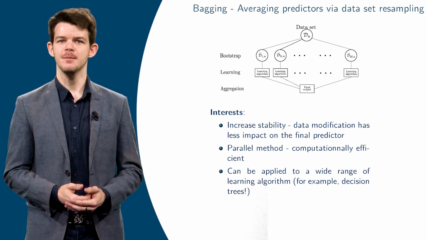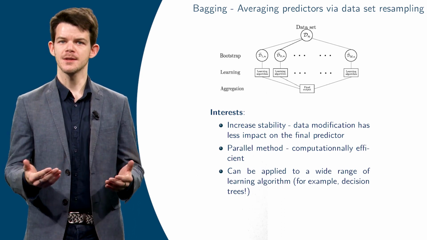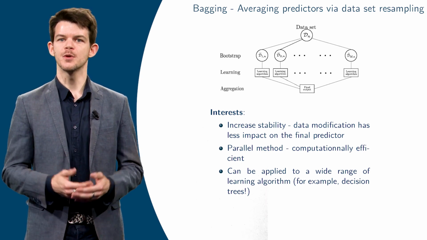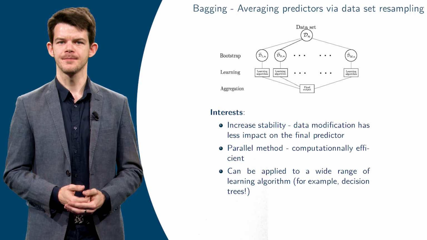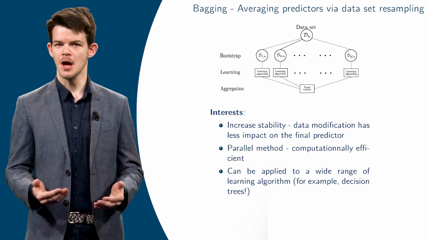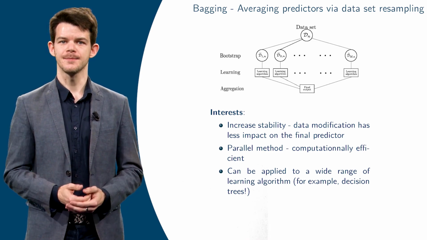Indeed, in this scheme, we have not specified the nature of the learning algorithm at all. I mentioned bagging to aggregate predictions, but we can also use bagging to estimate parameters of the linear model to produce a more stable estimate. In this session, we will only focus on bagging applied to decision trees. We will aggregate the predictions of each decision tree.